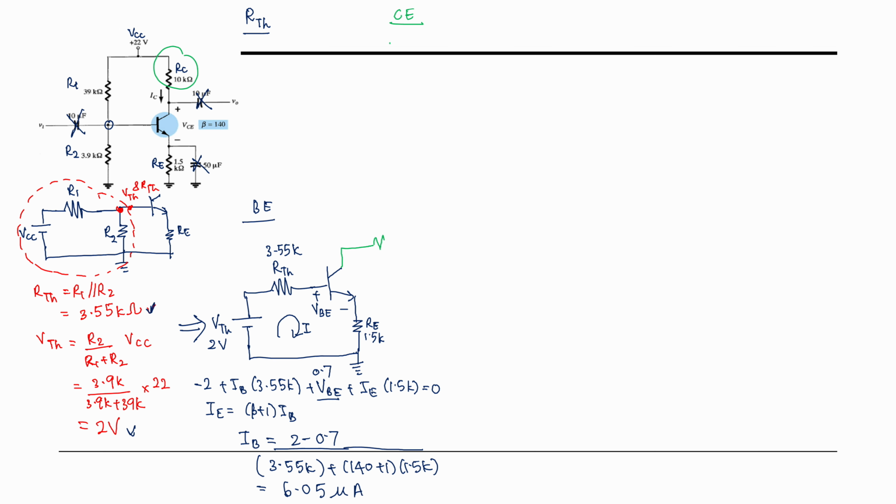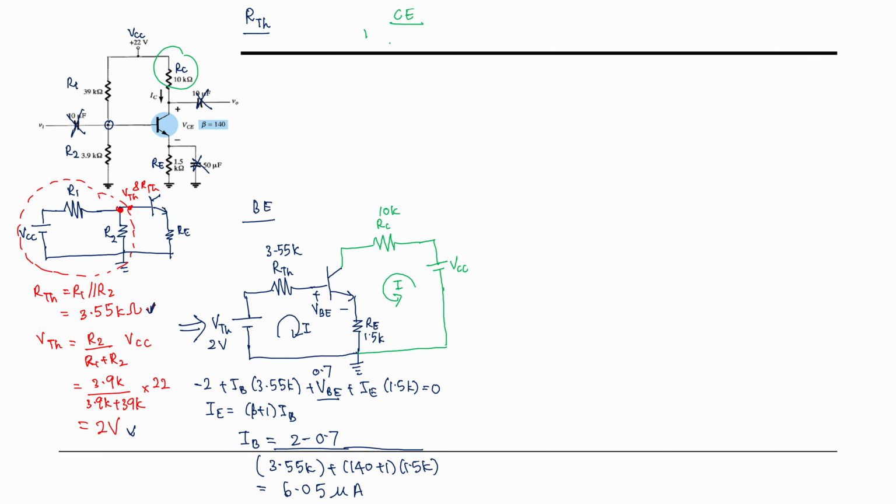So this is your CE loop. Then this is your RC, which is 10K. Then we still use the VCC. We are not using the V-Thevenin, okay? And this is connected to the ground. And your I is going that way.